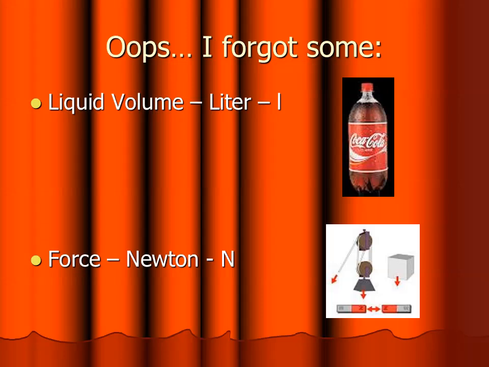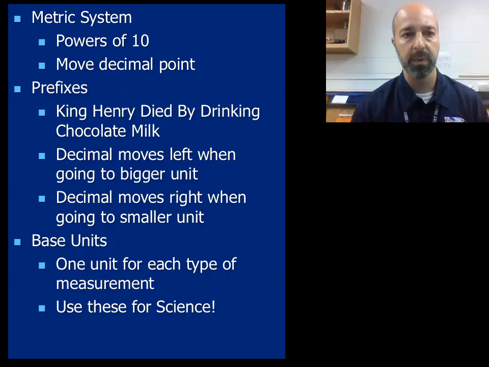And the unit that we use to measure force is a Newton, and the abbreviation for that is N. That's, of course, named after the famous scientist Isaac Newton, who came up with a lot of ideas about how forces work and things like that.